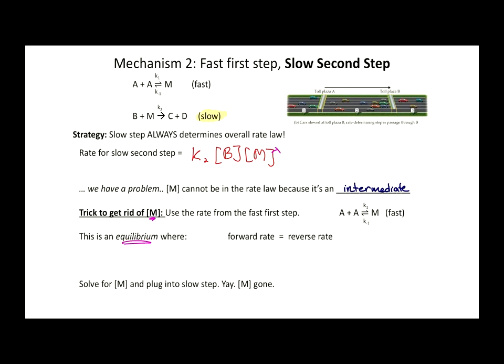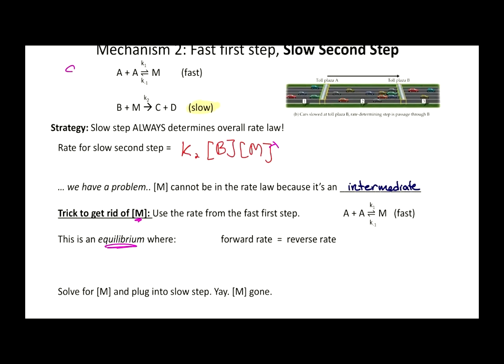That's equilibrium. We're going to talk about that in chapter 15, so just have some blind faith in me right now. Step one is an elementary step. So tell me the rate law for the forward reaction for that first fast step. It's k1 times the concentration of A, but it needs to be squared.